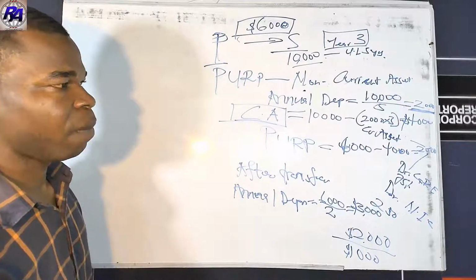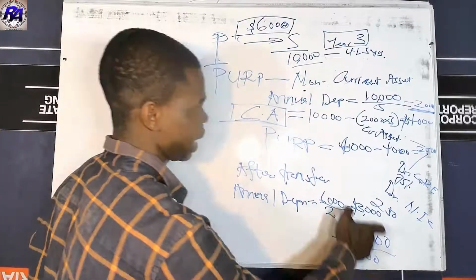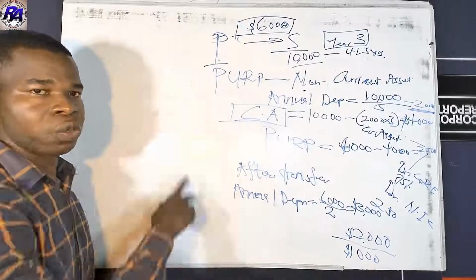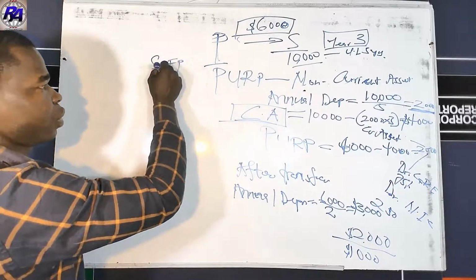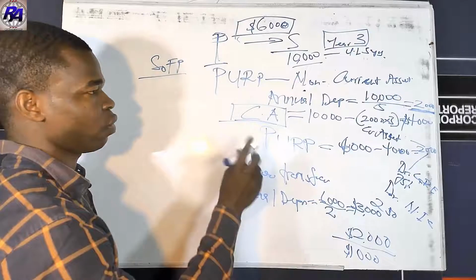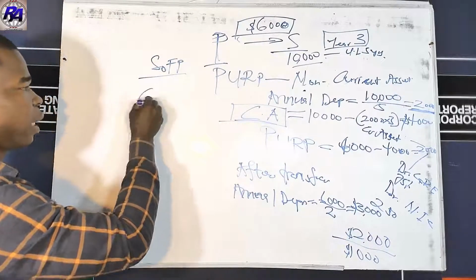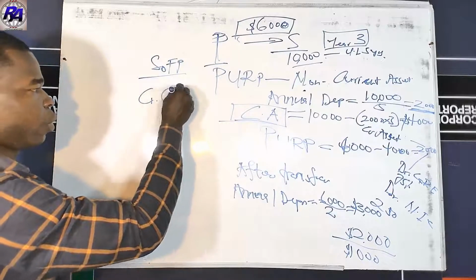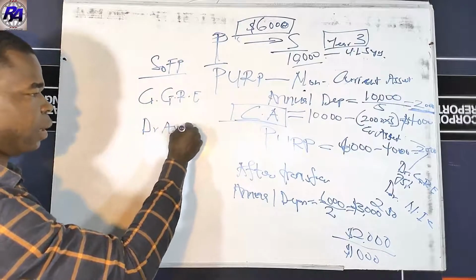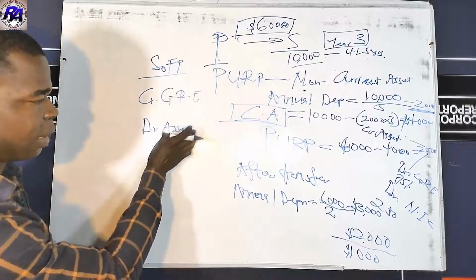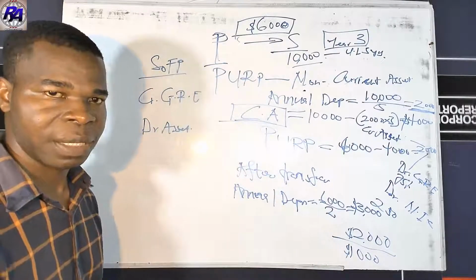And for that matter, if we are preparing the P&L account, you go and add this amount as a gain or as an add back to our profit. But if we are preparing the statement of financial position, then there is a need to adjust our group retained earnings. So we credit our group retained earnings, and then we debit the asset account, because that particular amount of 1,000 must increase the asset value.